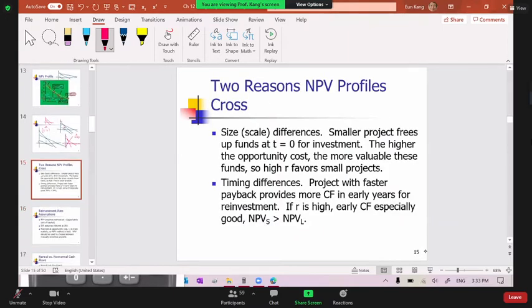First, size or scale difference. A smaller project frees up funds at T equals 0 for investment. Smaller projects take less money, so more money is available for other projects. So the higher the opportunity cost, the more valuable these funds. So high R favors small projects.